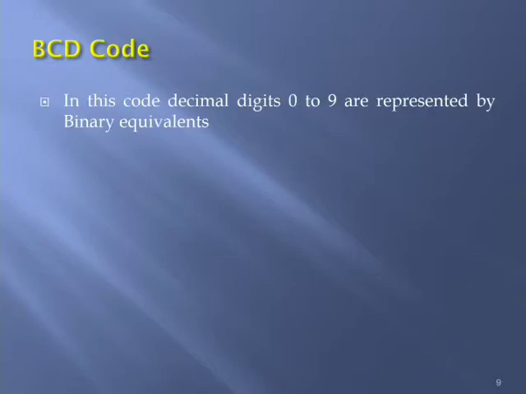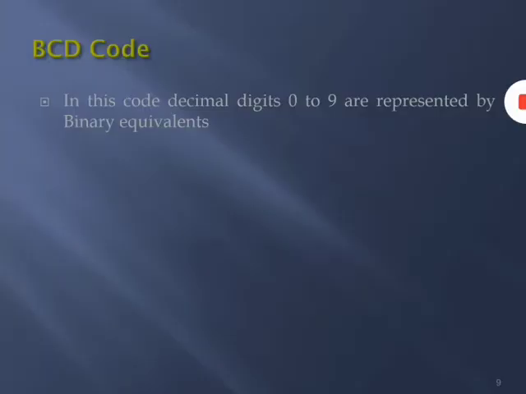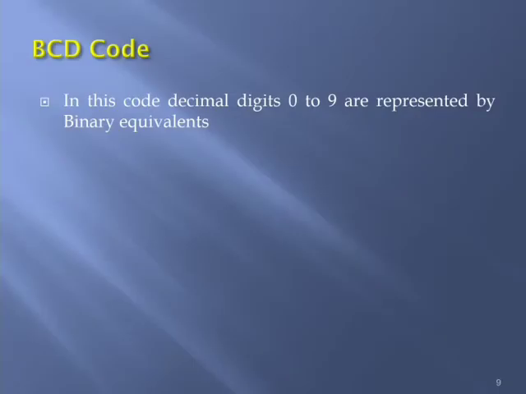Next, coming to the BCD code, which is a weighted code. In this code, decimal digits 0 to 9 are represented by their binary equivalents. BCD stands for binary coded decimal. In order to represent the decimal digits 0 to 9, we need a minimum of 4 bits.